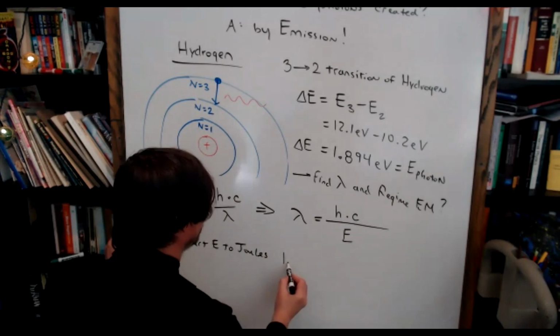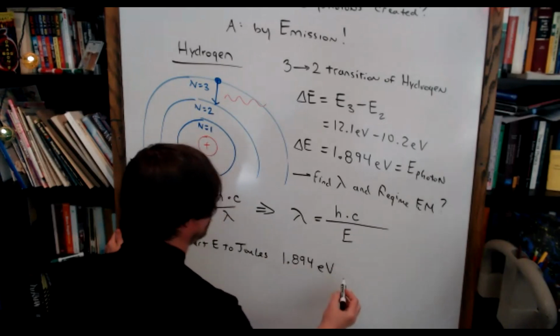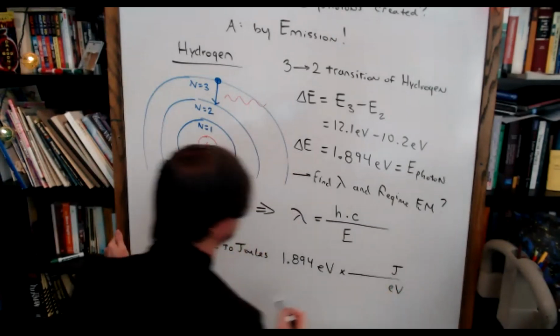If I start off by writing 1.894 electron volts, what's the conversion to joules?